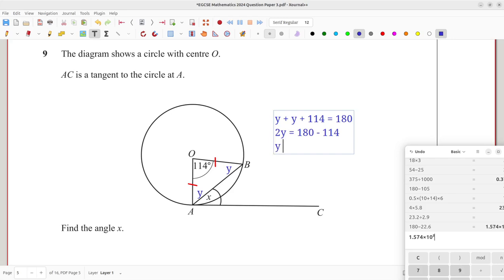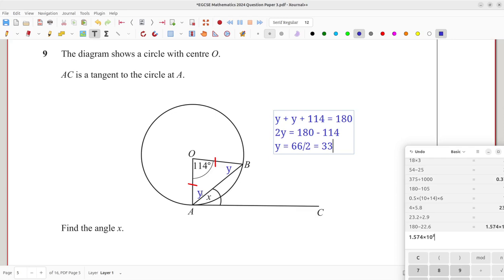Then your y is equal to 66 over 2. Then this is equal to 33. So y is actually 33.